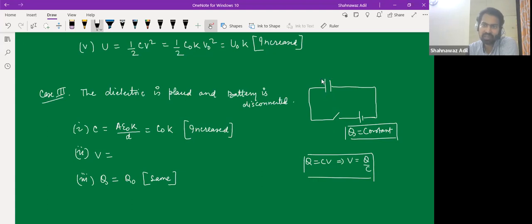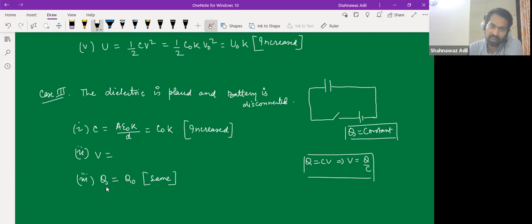That is why the charge will remain constant. The battery is not supplying any voltage in this circuit, so whatever charge is here contributes to the voltage. Understood, Shavi? Yes, sir.